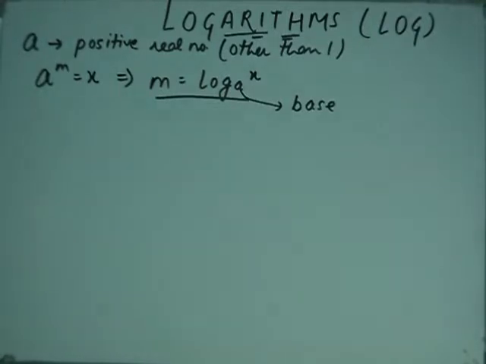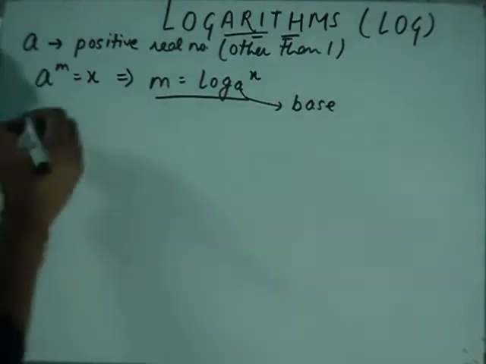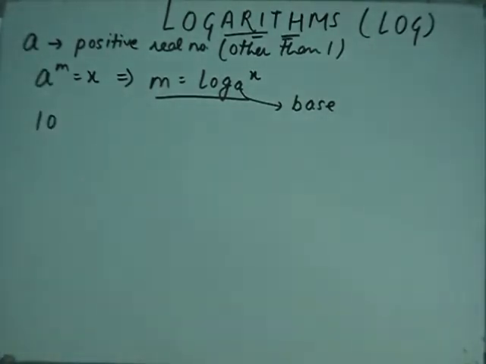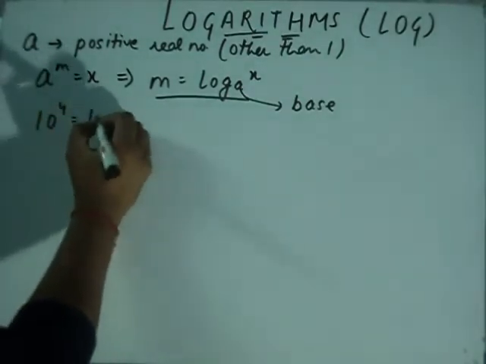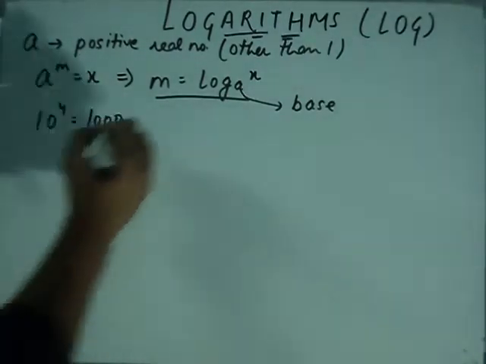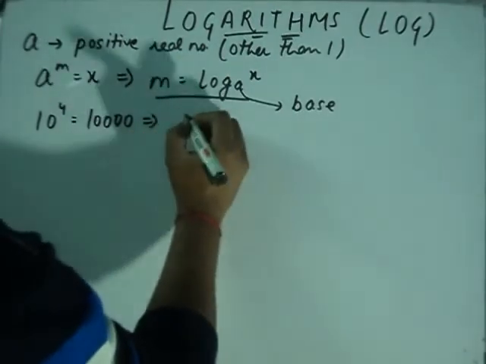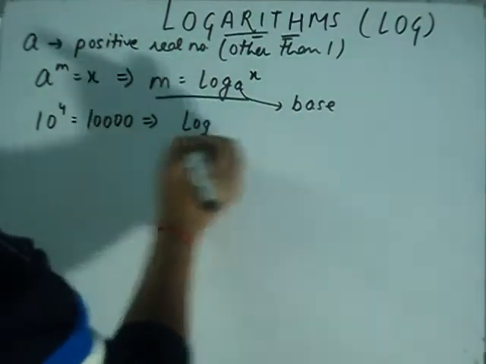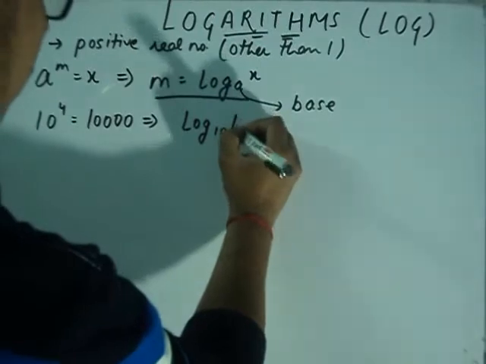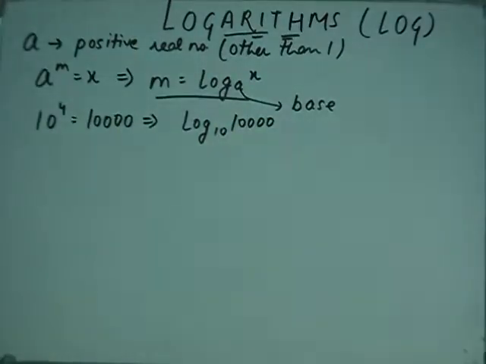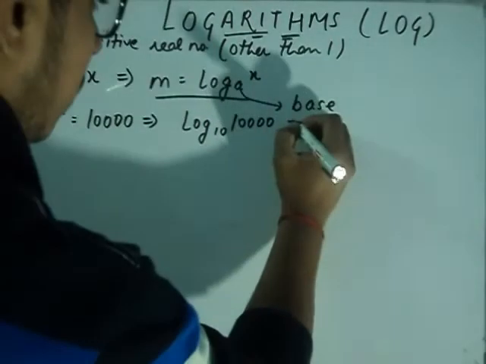Okay. There are various properties, and let's discuss a numerical related to it. Suppose I am having 10 to the power 4, which is equals to this value, and in log form I am going to write it as log 10 of this value, which is equals to 4.